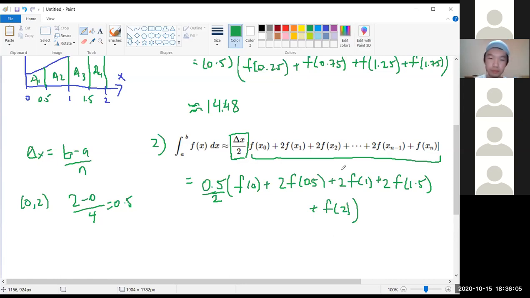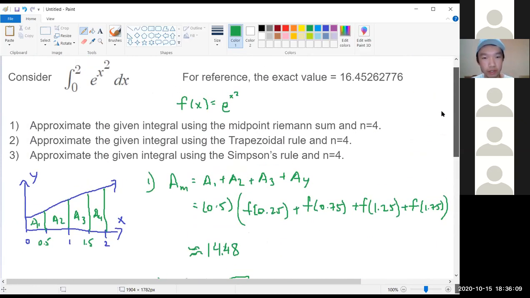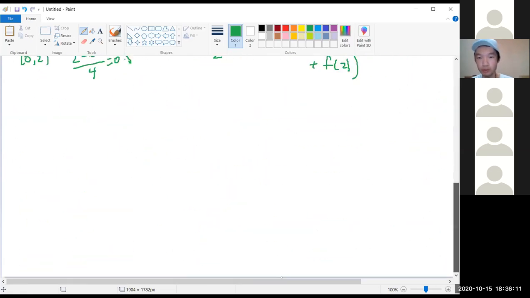Okay, let's move on to the last question. Question number 3 says to use Simpson's rule.